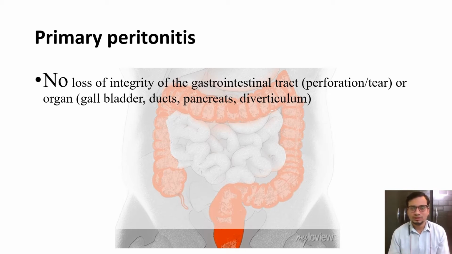Or sometimes you see this in patients who are getting dialysis through a specialized peritoneal catheter, called a peritoneal dialysis catheter. The mainstay of treatment in such peritonitis is antibiotics, and only antibiotics. In severe cases, removal of the peritoneal dialysis catheter is important. The important fact here is that the integrity of the gastrointestinal tract or organ is maintained in primary peritonitis.